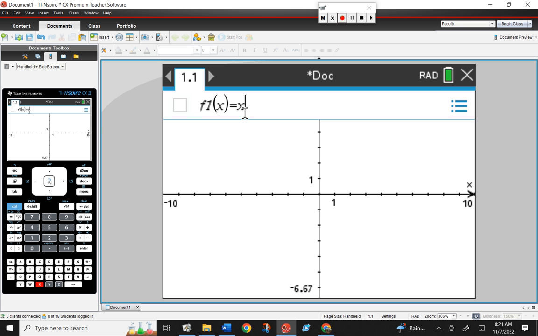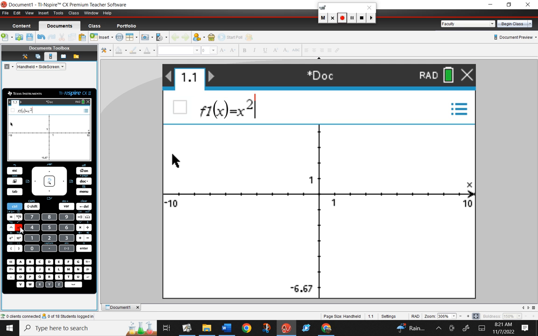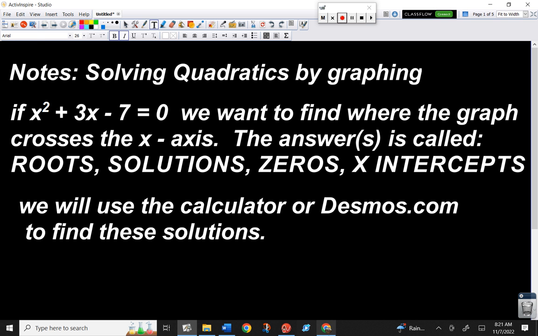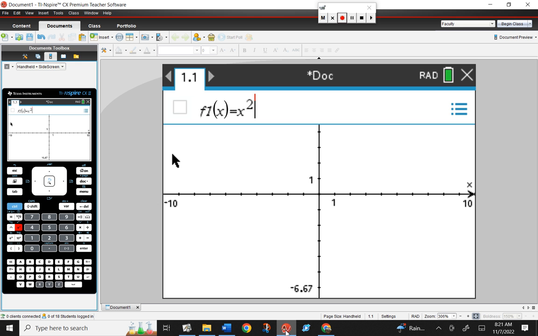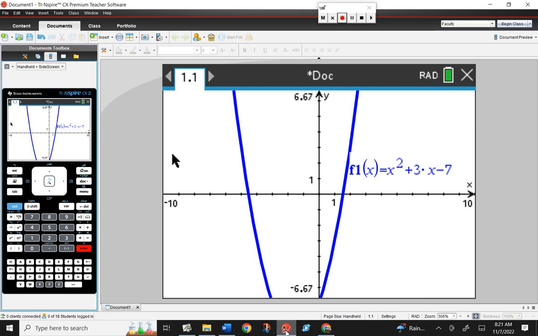In this graph, we're going to put x squared plus 3x minus 7. And we hit graph or enter. When we hit enter, we see that there are two x-intercepts, one right here and one right here.